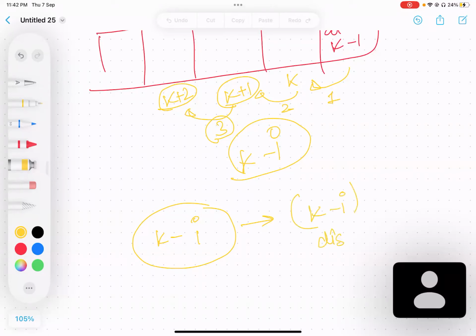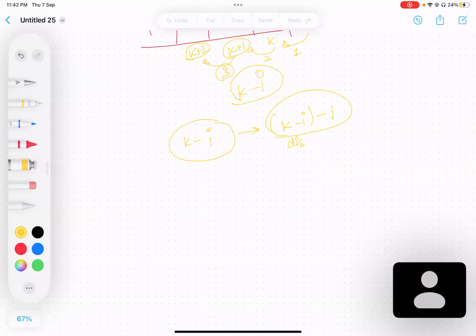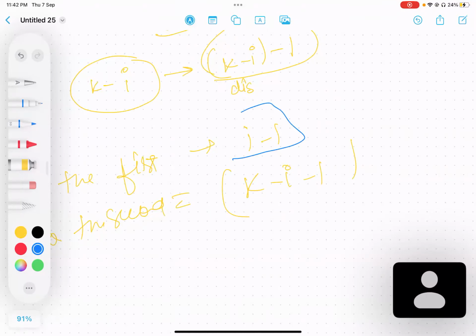So if at distance 3 it is reaching at k plus 2, this distance will reach at this time, right? So we got for the first time at i minus 1, for the second time at 2k minus i minus 1, right? So these two are the times at which we reach a particular cell.